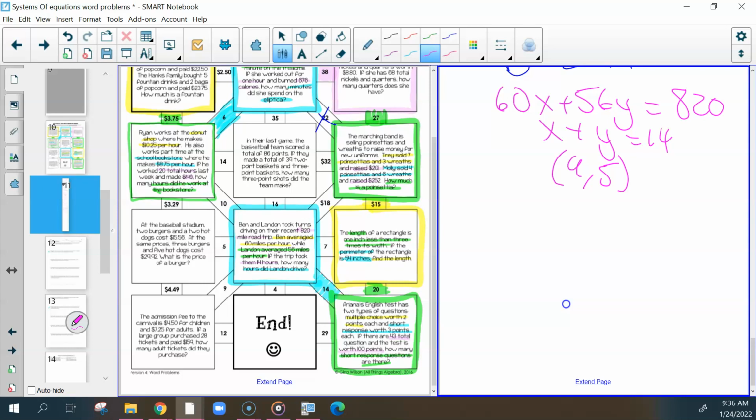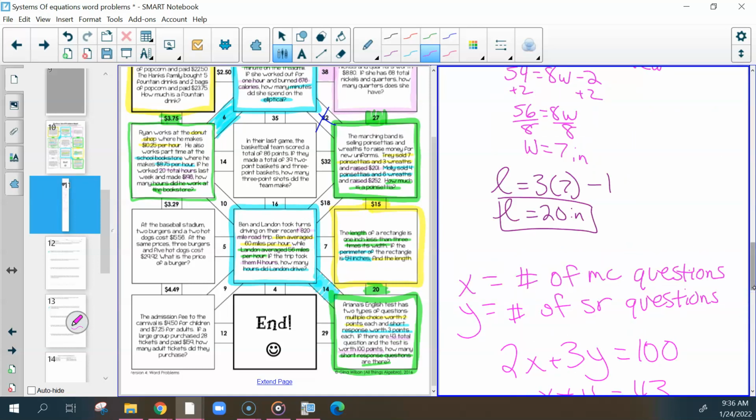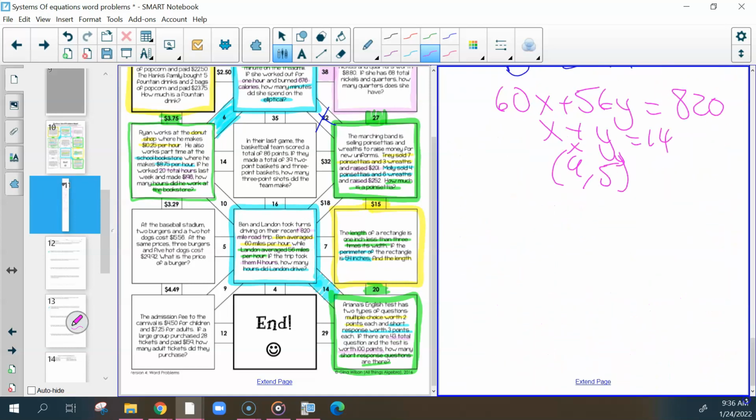So X is 9, Y is 5, but we have to remember which one is which. Here I made my B's X, and we're looking for Landon, so Y is L.